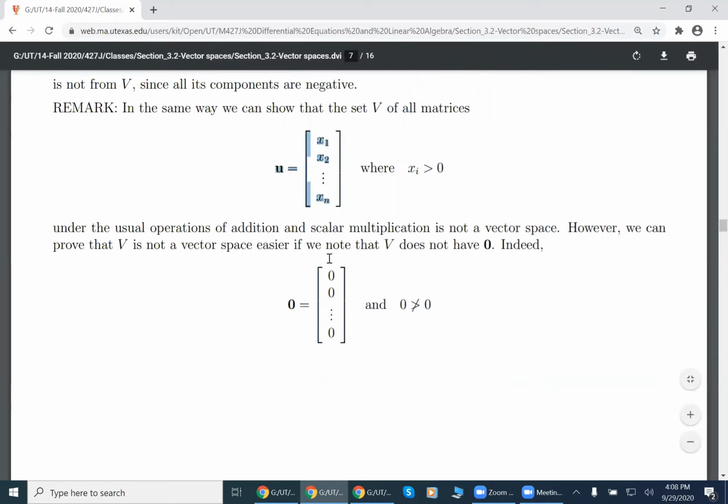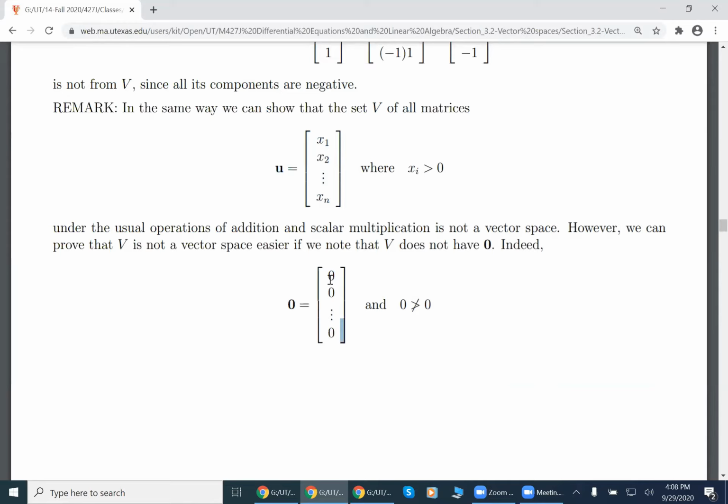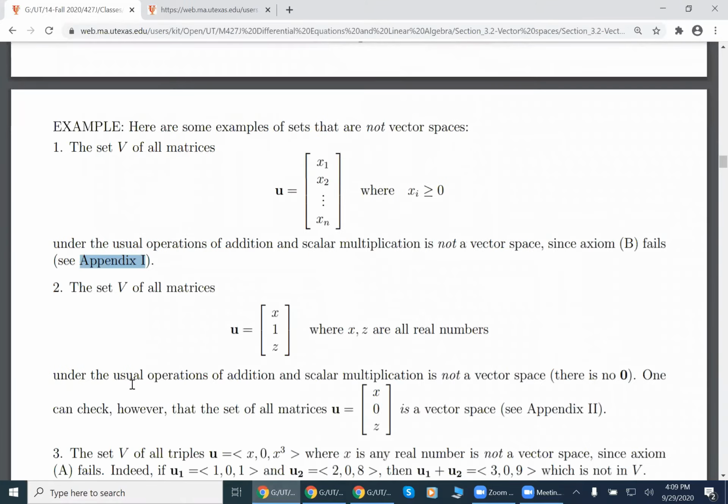Zero is this matrix column. Here each component is zero. Zero is not strictly greater than zero, therefore this matrix column is not from this set, therefore this set is not a vector space.